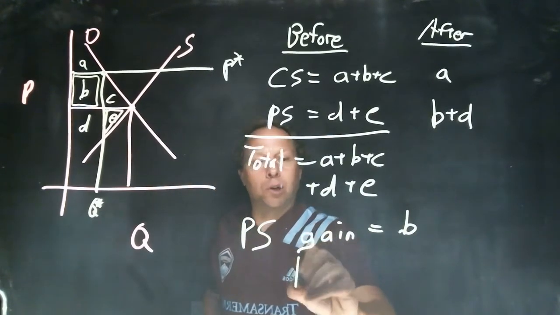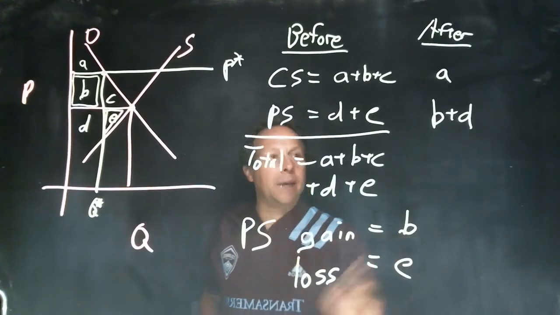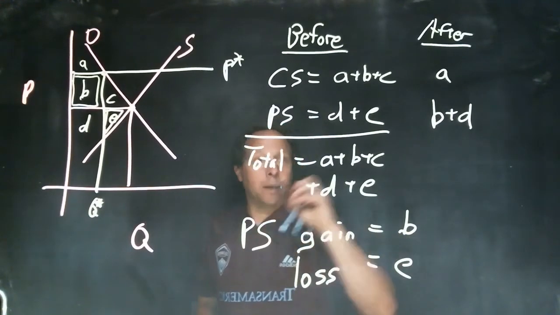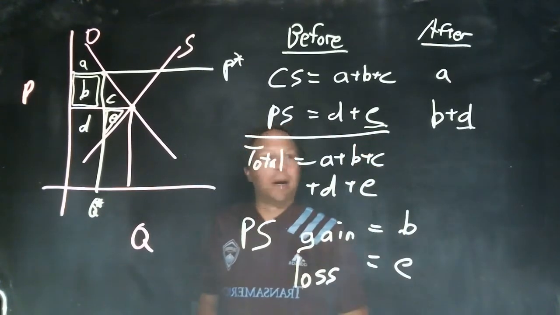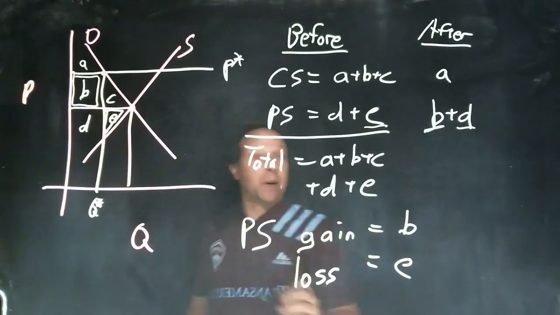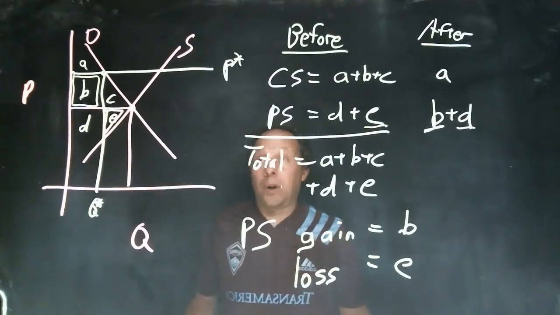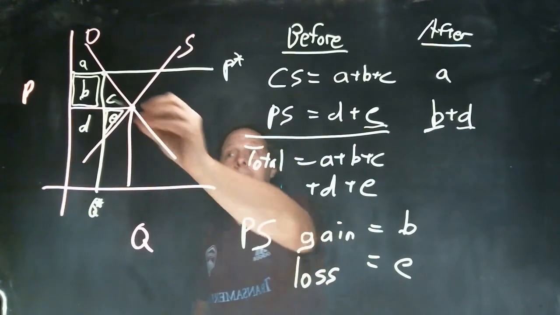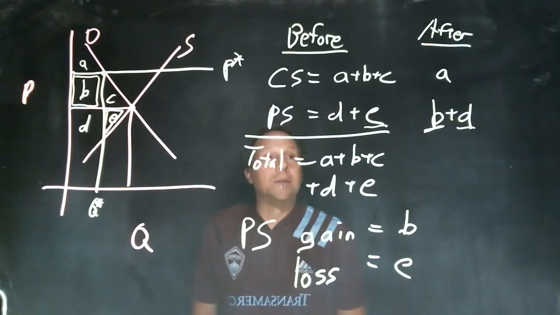So there's also a loss to producer surplus equal to E. So the net effect here is we have lost this area E, but we've gained the area B, right? So as long as B is bigger than E, then suppliers are better off. But we could have drawn this in a way such that this area B is smaller than E, so we don't even know that we are going to make the workers better off here.